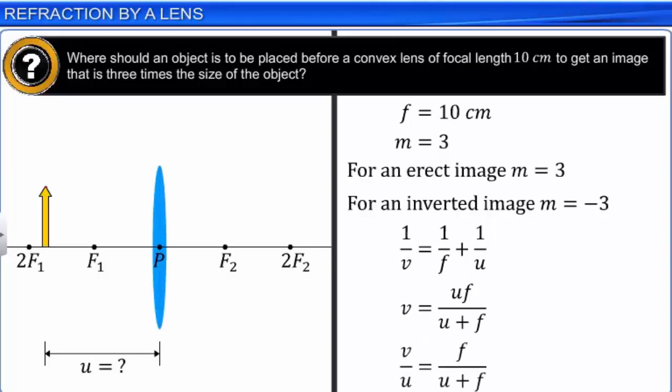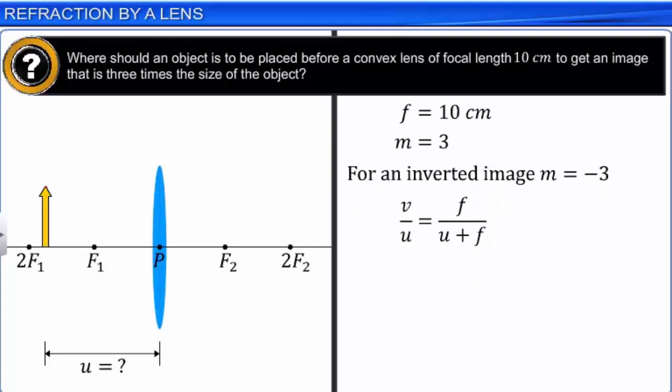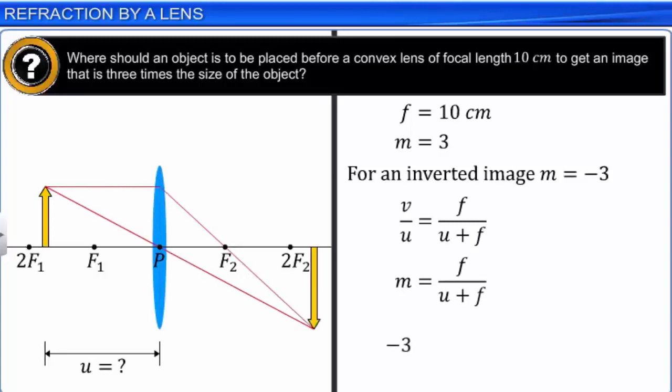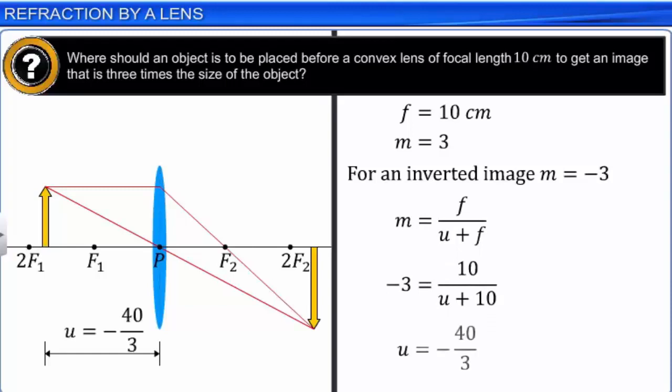If the image is real, then minus 3 is equal to 10 by u plus 10. On simplification, we get u is equal to minus 40 by 3. If the image is virtual, then m is equal to 3. Substitute these values in the above equation, and on further simplification, we get u is equal to minus 20 by 3.